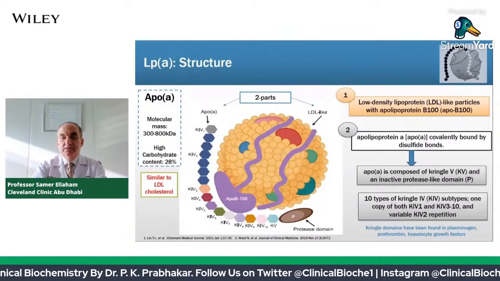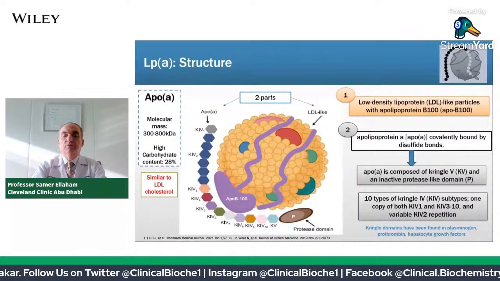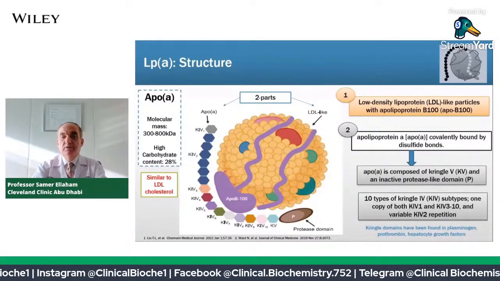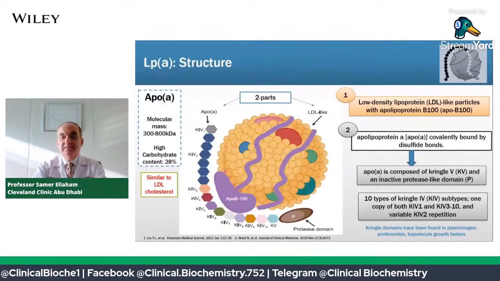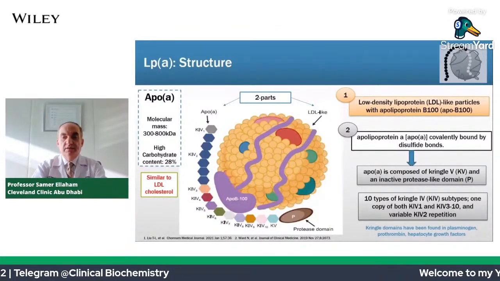And the idea behind this is not only do we have the ApoB100, which we find in LDL particles, but the second component is the Apo little a. And you could see that there are several kringles here, in addition to the LDL, in addition to the apoprotein little a.